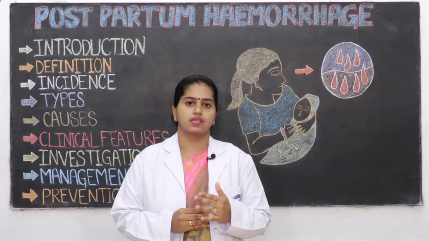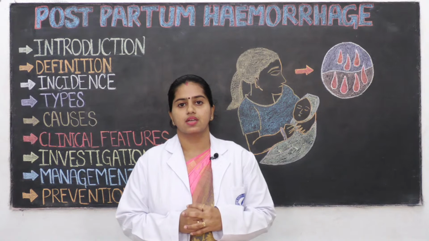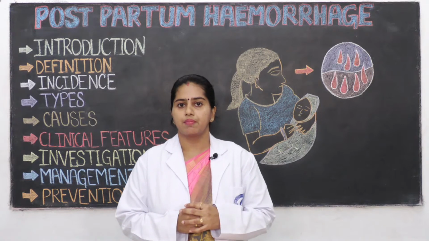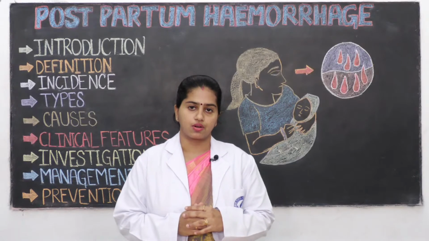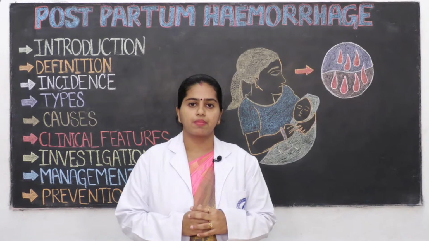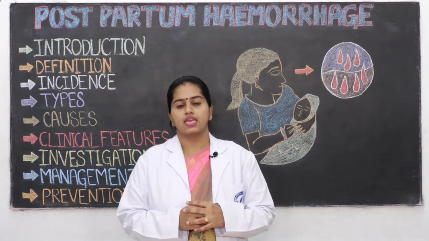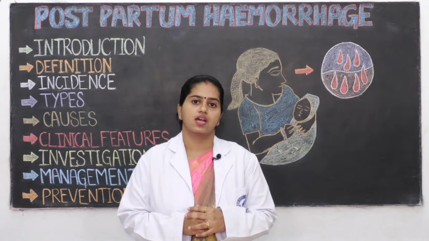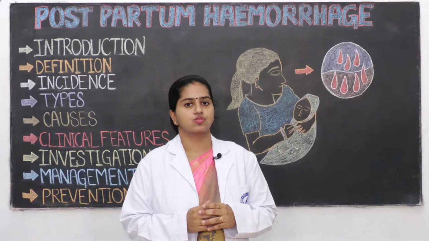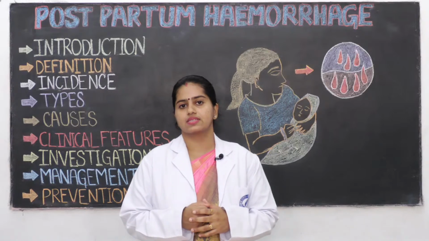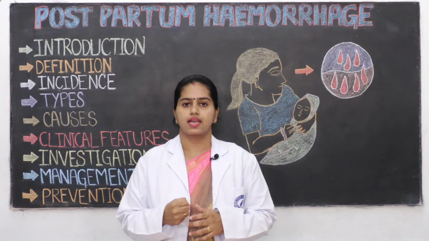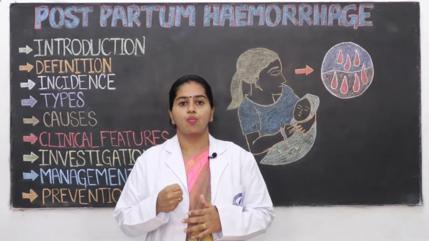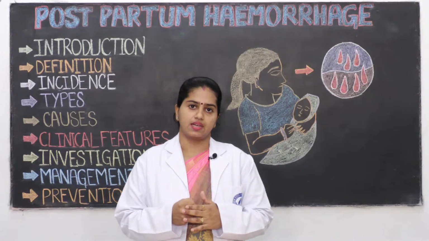The next, third step is bimanual compression of the uterus. If the bleeding is still not controlled, we have to go with bimanual compression of the uterus. The dominant hand has to be closed like a fist, a clenched hand, and placed inside the posterior part of the vagina.